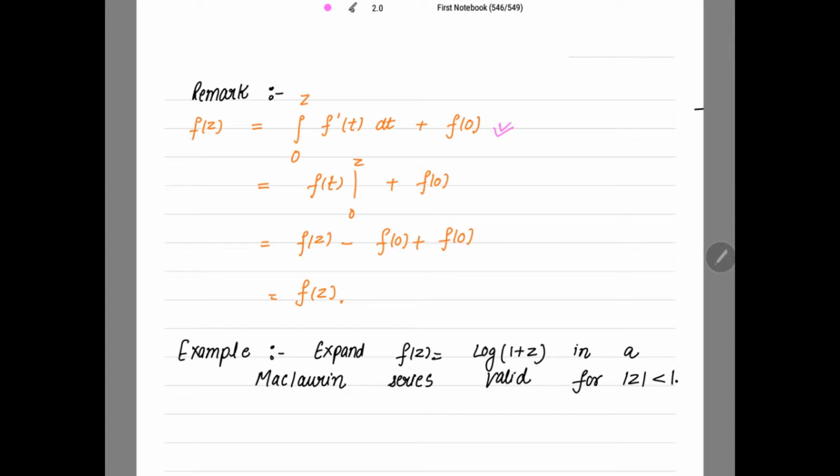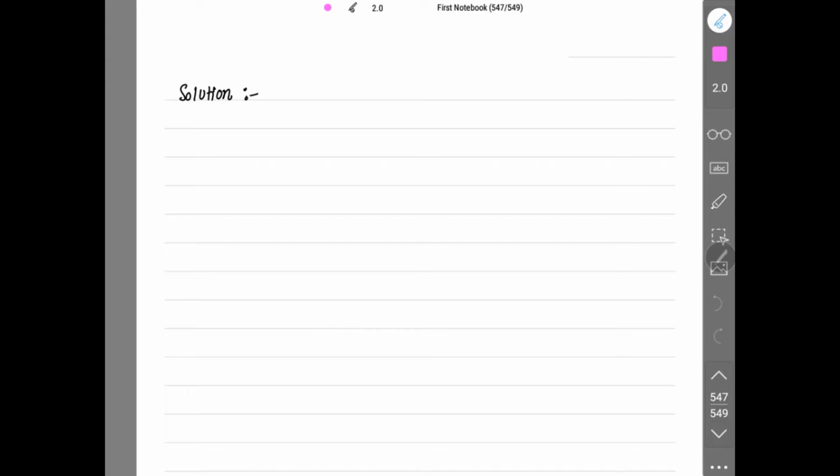Example: expand f(z) equal to log 1 plus z in a Maclaurin series valid for mod z less than 1. Solution. Let f(z) be equal to log of 1 plus z. Then let's check f dash z because we need this.